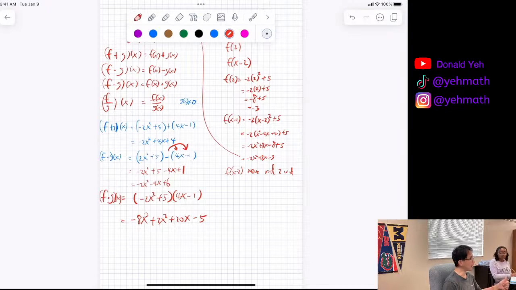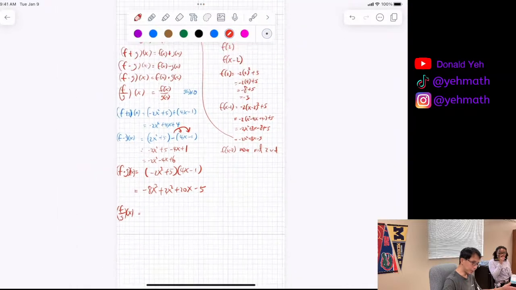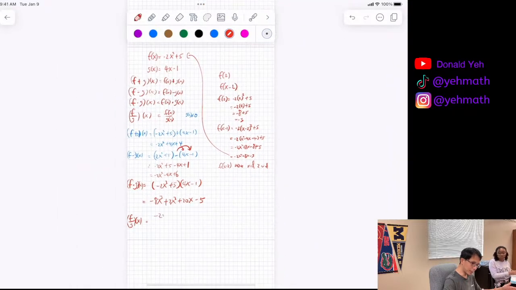So we know how to add two functions, subtract two functions, multiply two functions, and then lastly, I want to talk about division, because this is where most mistakes happen. This one looks very simple, so it's just going to be -2x squared plus 5 over 4x minus 1. Now remember, the denominator cannot equal 0.